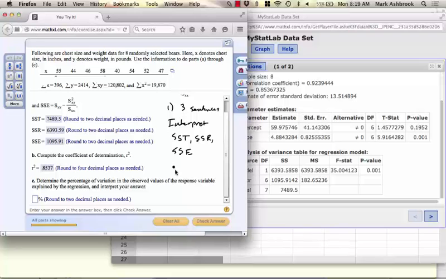And then number 2, this is part C: determine the percentage of variation explained by the regression.